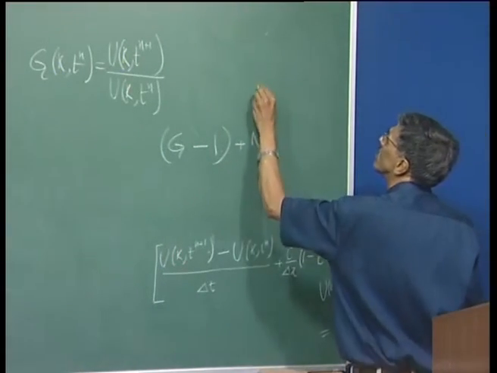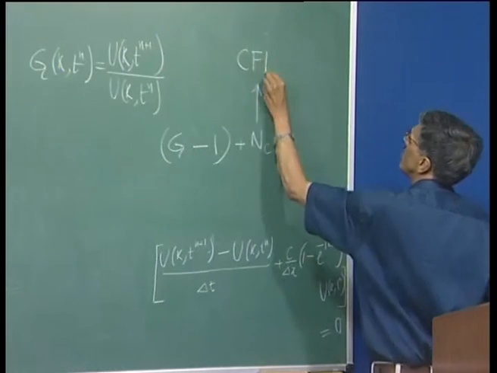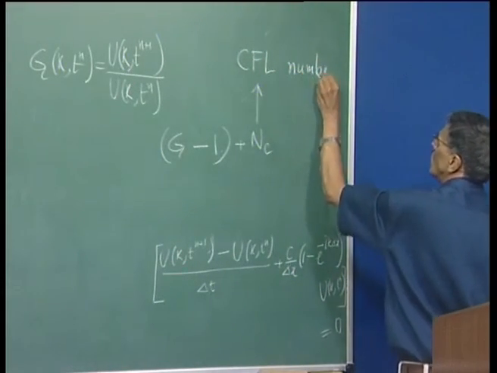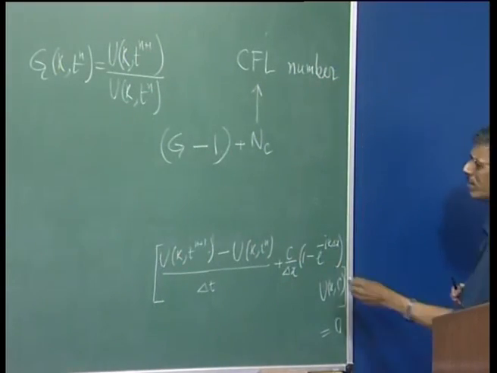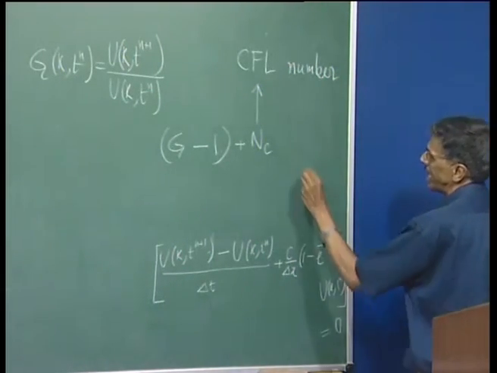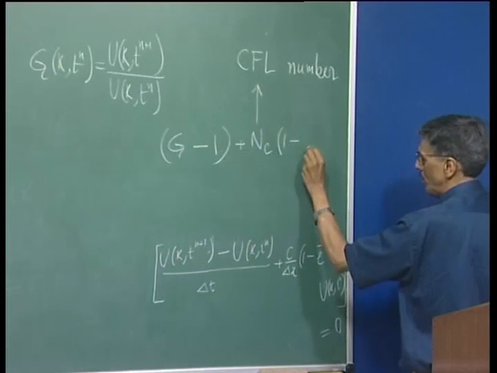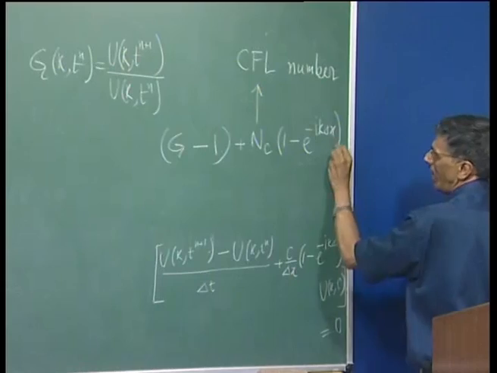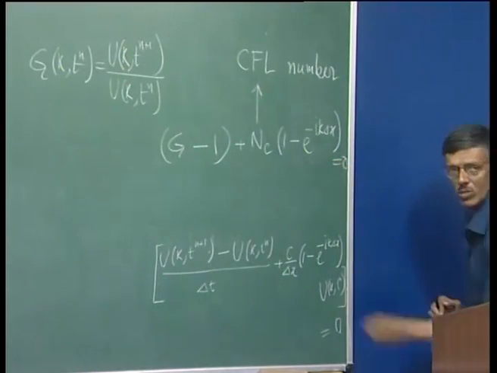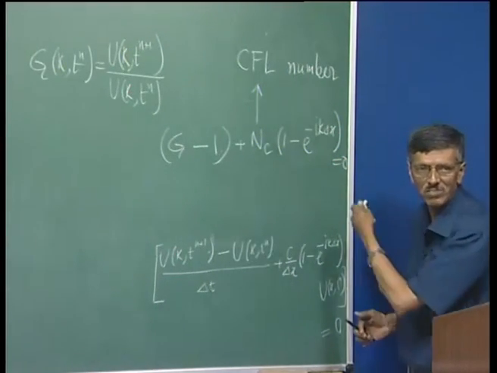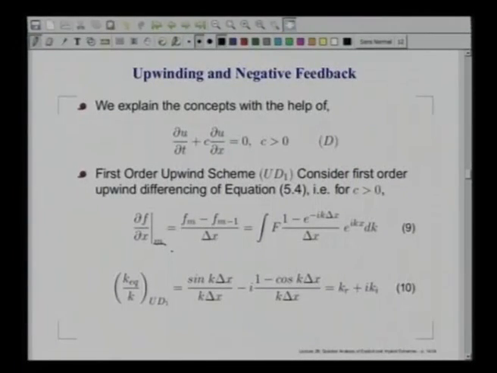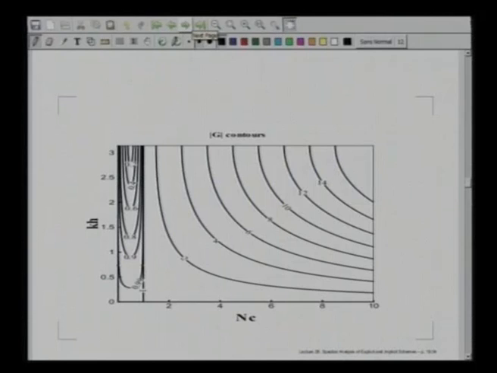This is a well known CFL number which we have talked about many times before. So we are not surprised, and in addition we are getting here 1 minus e to the power minus I k delta x equal to 0. So, you have an expression for G. Having obtained the expression for G, we can plot it.